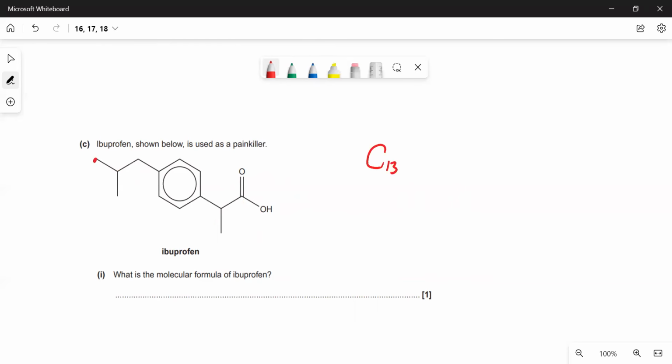We've got 3 there, 3 there, 3 there, 1 there, 2 there. We've got 1 there, 1 there, 1 there, 1 there. None on that carbon there. We've got 1 on that carbon, 3 there, and 1 there. So what that adds up to is 18.